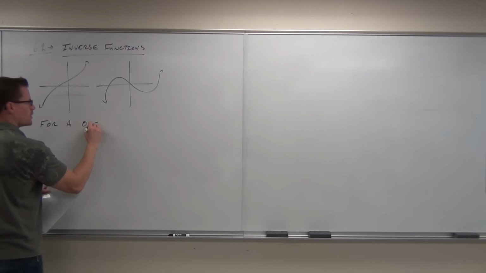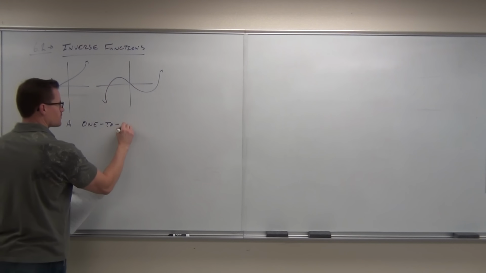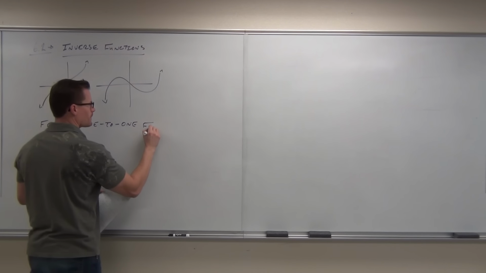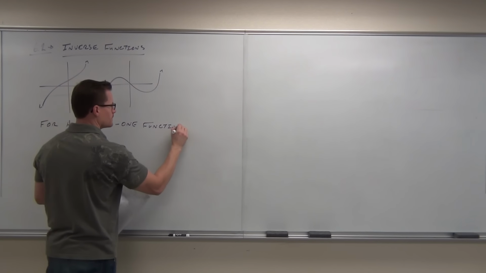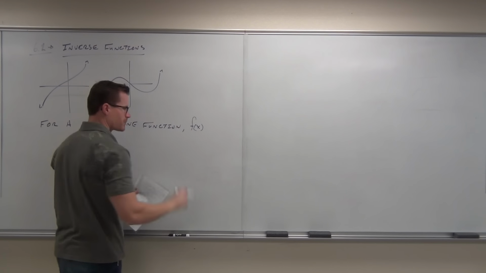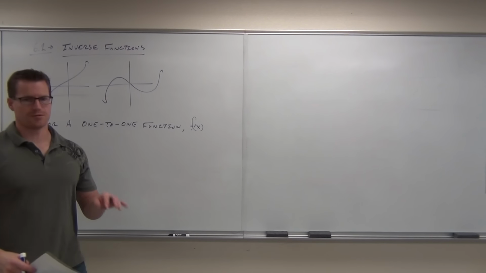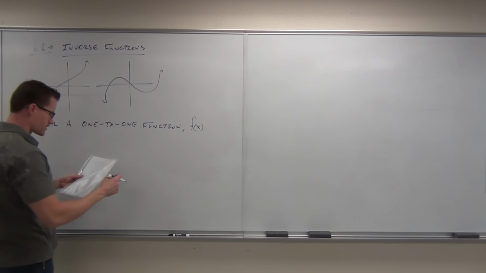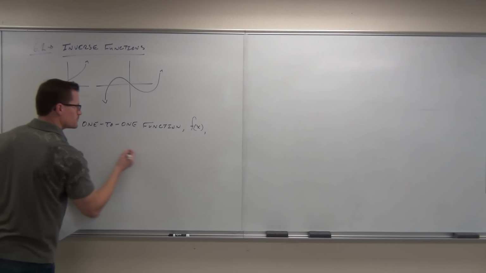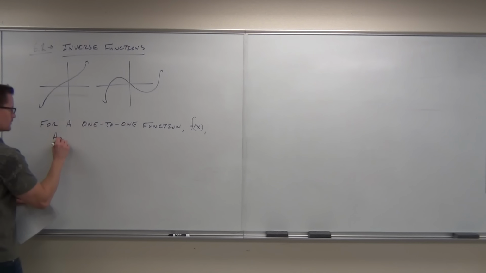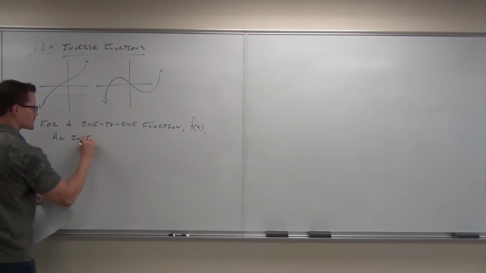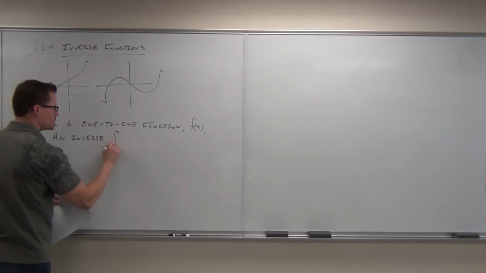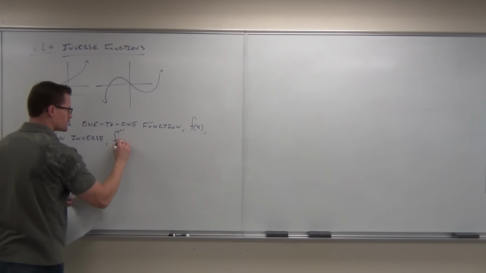For a one-to-one function f of x, it's absolutely true that if a function is one-to-one, it will have an inverse. An inverse is denoted f inverse, you've seen this before, I'm sure.